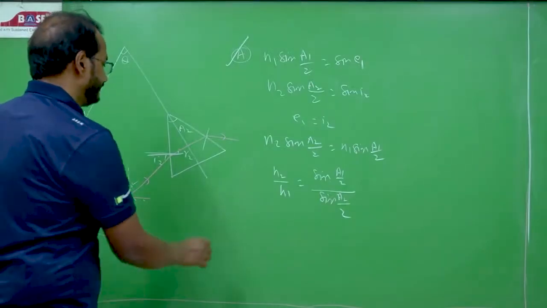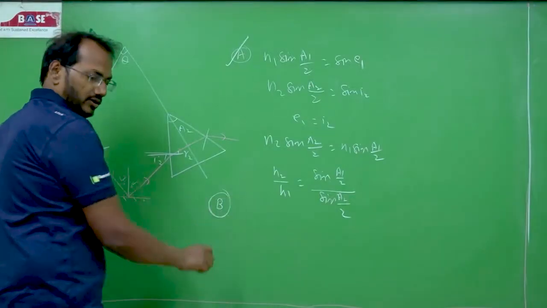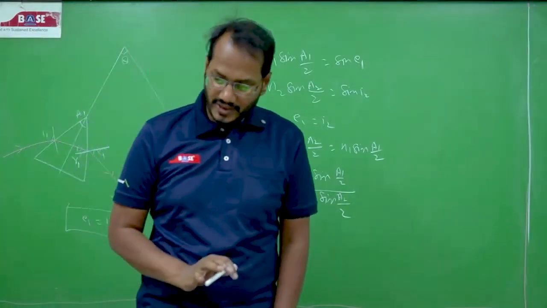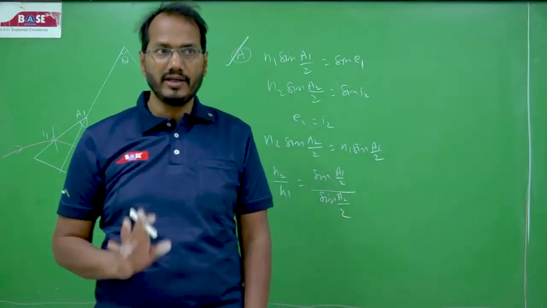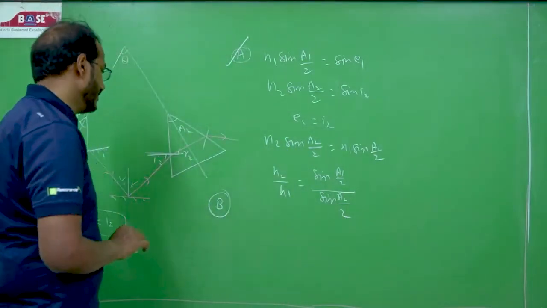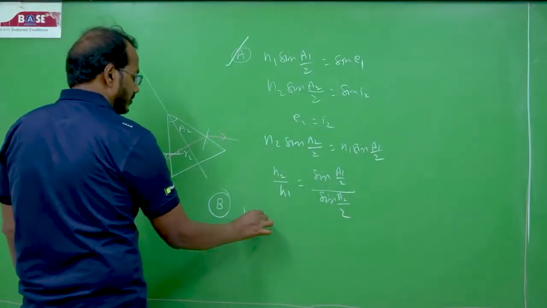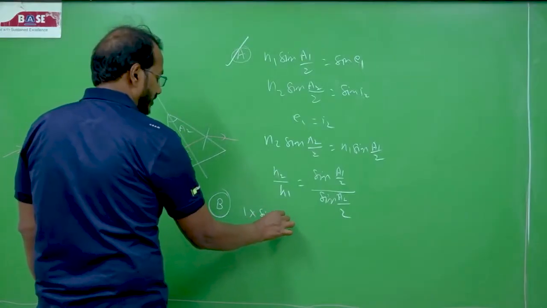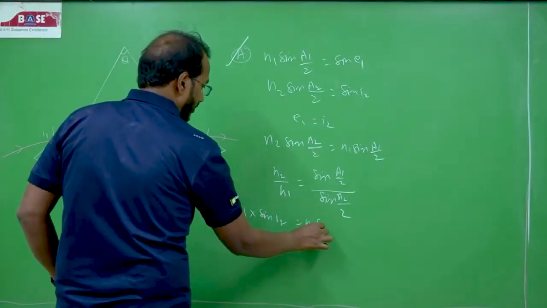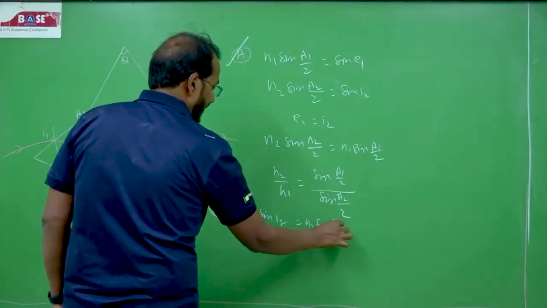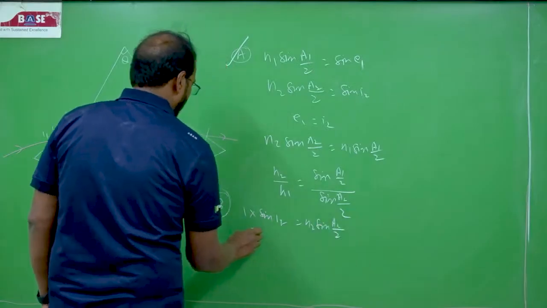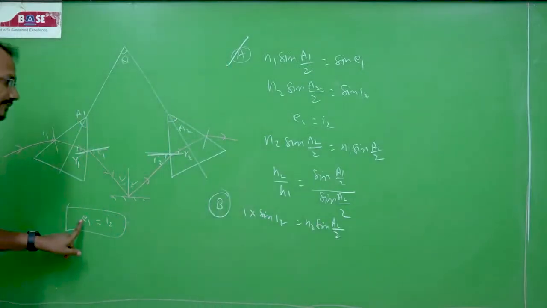In option B, when only prism 2 is at minimum deviation, that means 1 into sine I2 is equal to N2 into sine A2 by 2. And I2 is always E1.